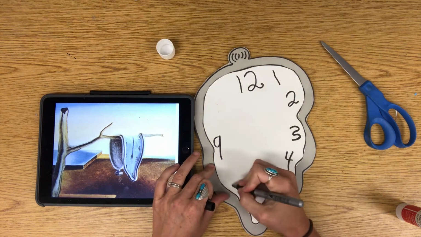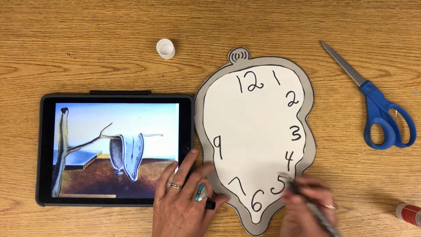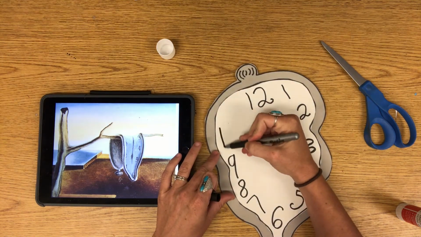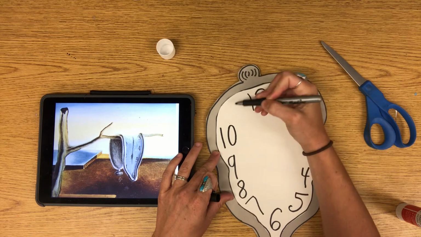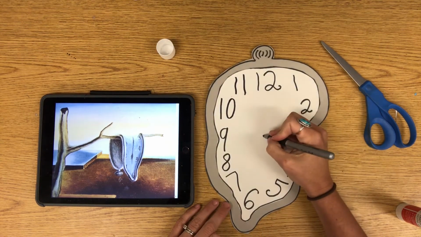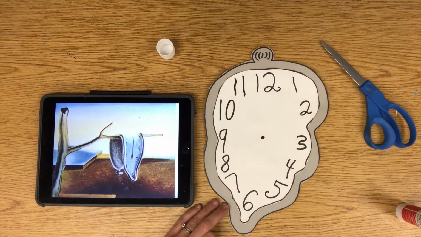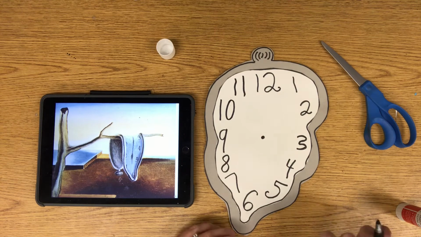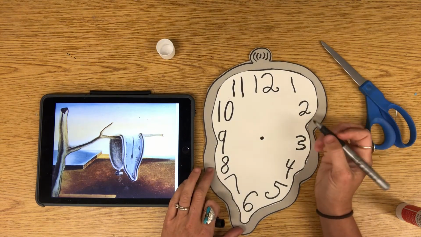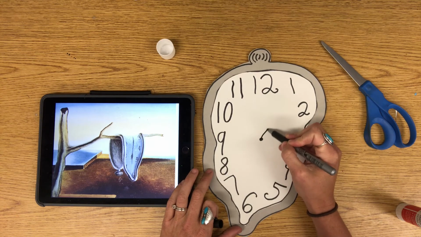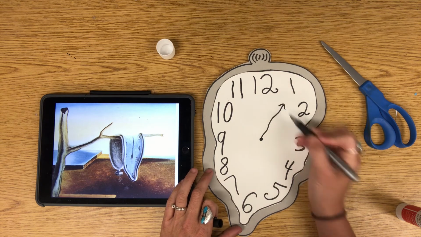Our 7, our 8, our 10, and our 11. All right, put our little dot in the middle. Now, what time do you want it to be? This is your clock. I'm gonna wiggle it. So I want it to be a little weird.